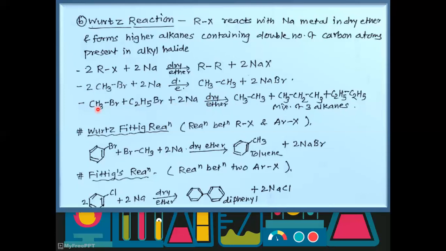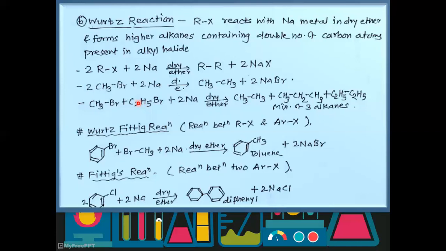So CH3Br combined with its own molecule, two molecules, forms ethane. Then CH3 bonded with C2H5 gives propane, and the third product, C2H5 bonded with C2H5, means its own molecule reacts with itself and gives butane.